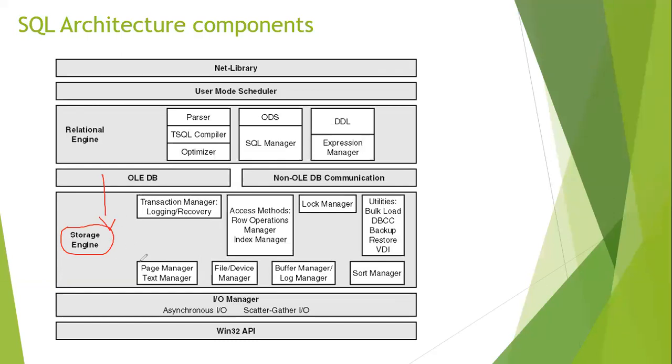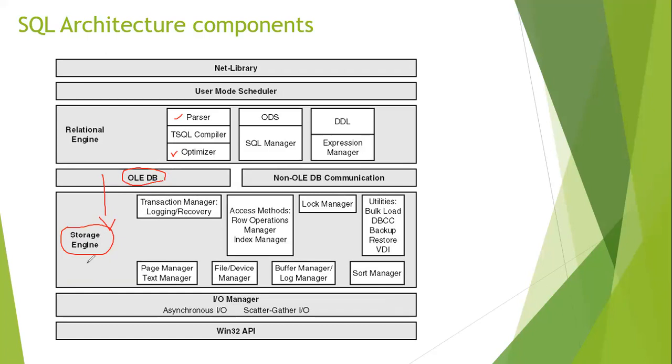The relational engine has the query parser, query optimizer and query execution, right? So when the query execution needs to execute the query, it will be connected to the storage engine through the OLEDB provider. This is just a provider through which the relational engine and storage engine communicate.